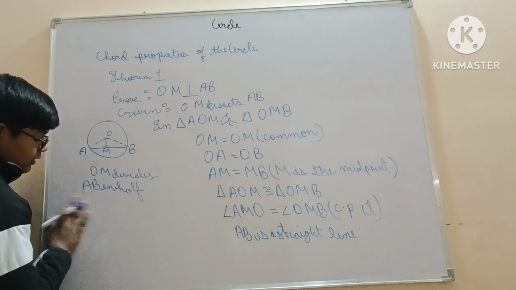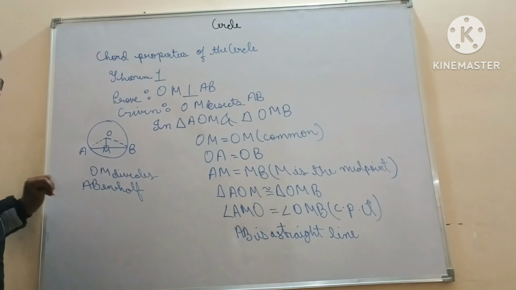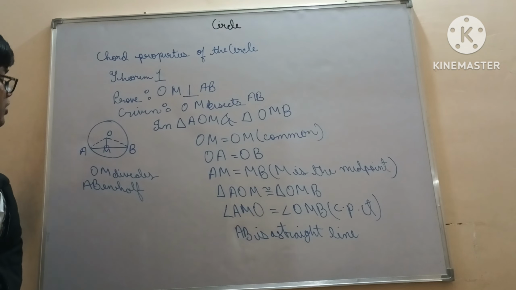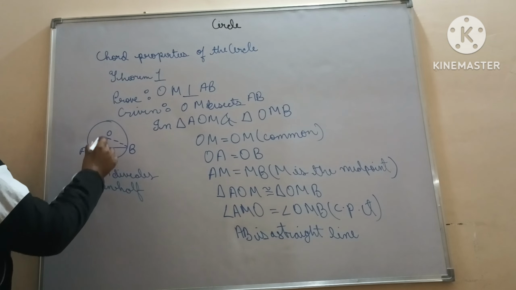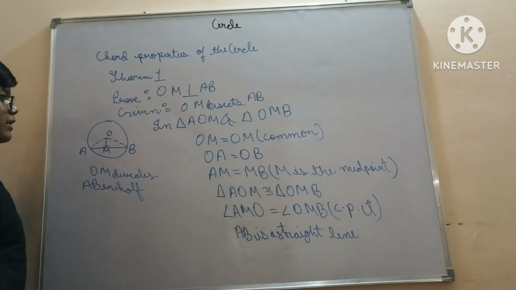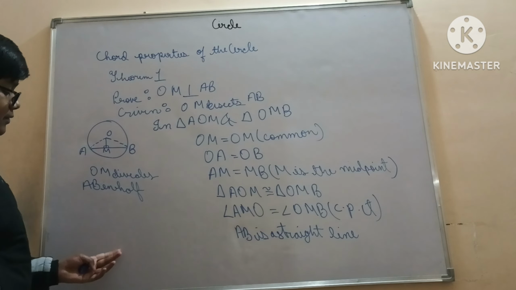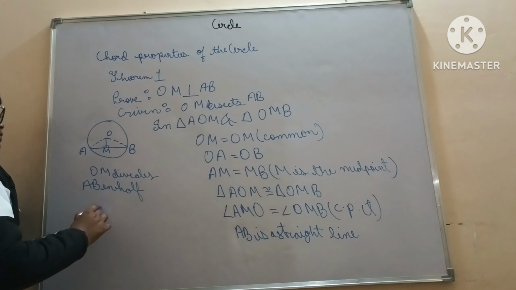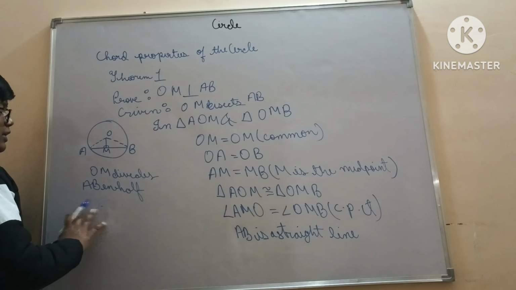Because if they are not 90 degrees, then one more line has to be constructed from here only. But there is only one line which is joining the AB line from the radius from the point, the center of the circle.